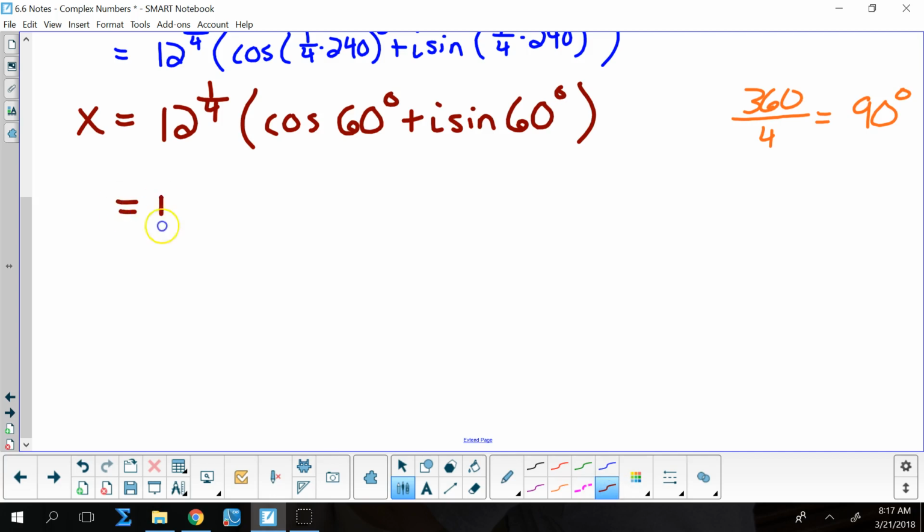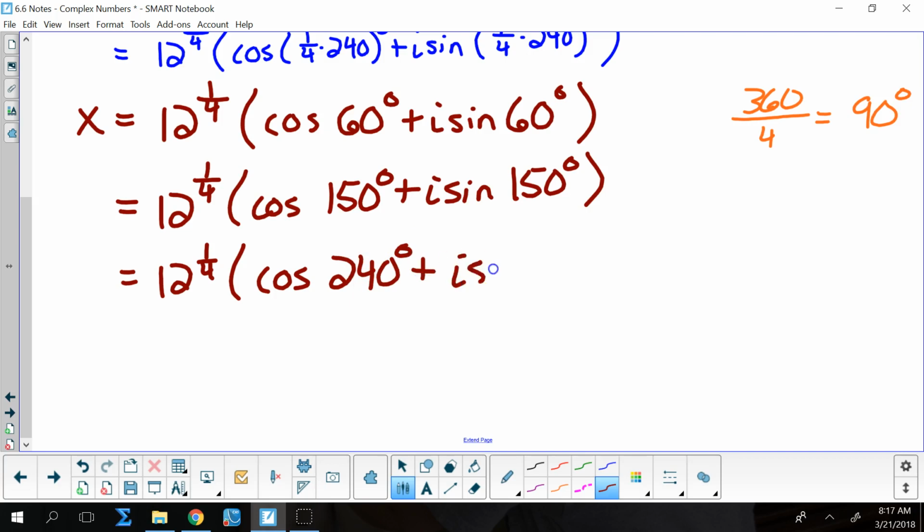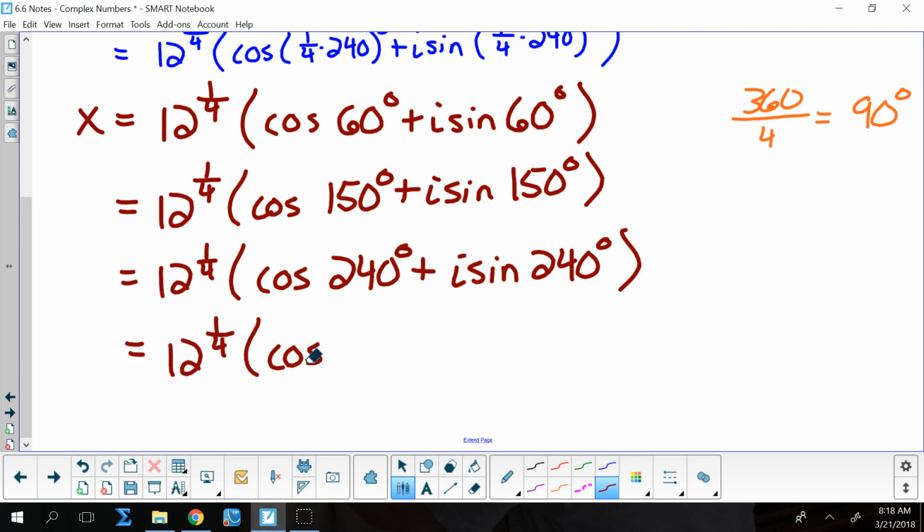So the other ones are 12 to the 1/4 power times the cosine of 150 degrees, and 12 to the 1/4 power times the cosine of 240, and 12 to the 1/4 power times the cosine of 330 degrees.